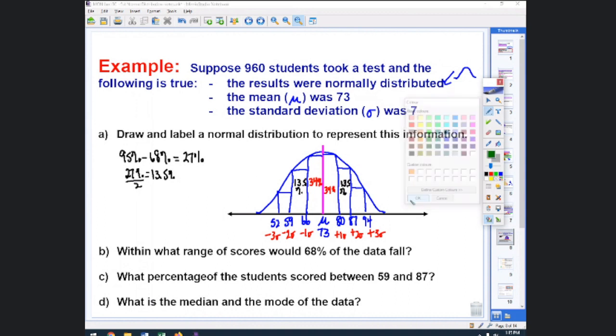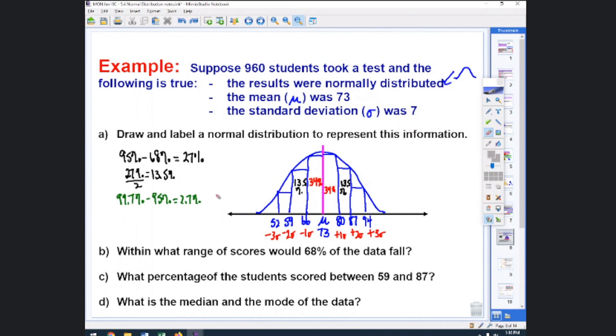And then the next one, I've already now accounted for 95, so 99.7% minus 95% is equal to 2.7%. But I have to share that. No, sorry, it's 4.7. Can't add and subtract in my head today, apparently. 4.7.